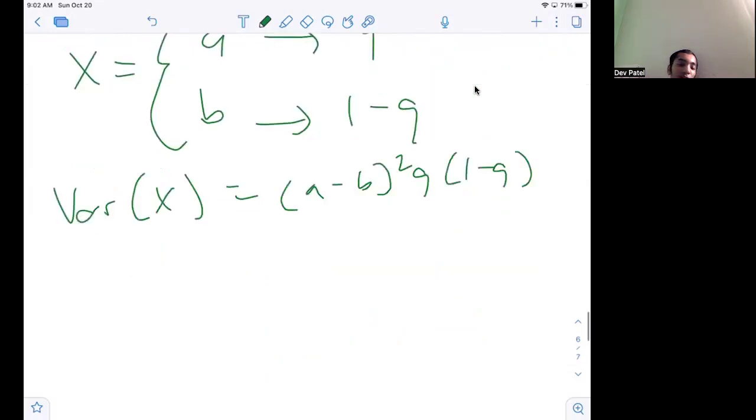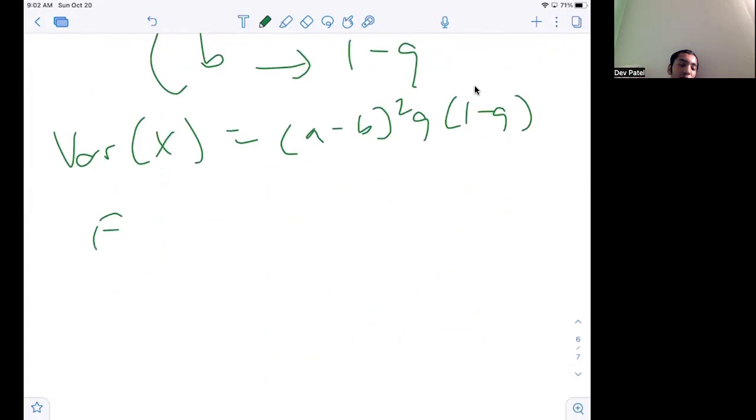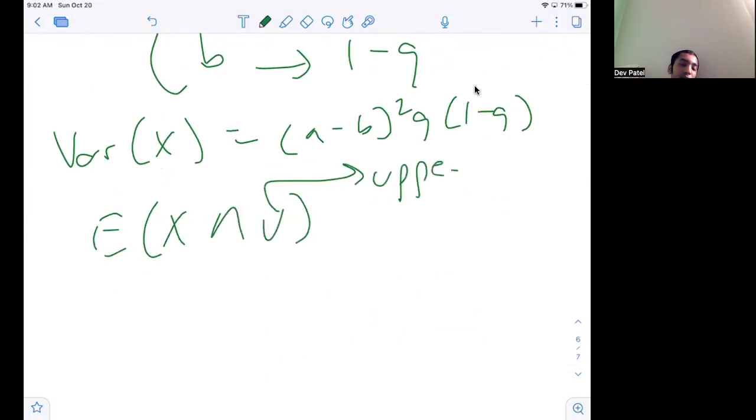And then if we calculate the expected value of x, where u is the upper limit or the policy limit, anything from 0 to the policy limit is the integral of x f of x dx.